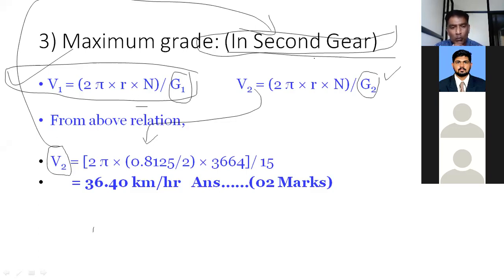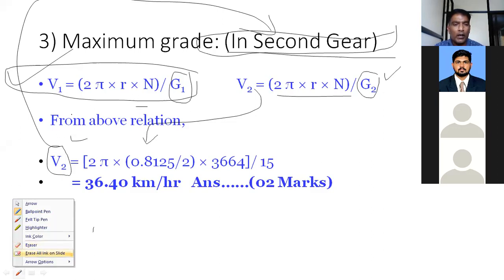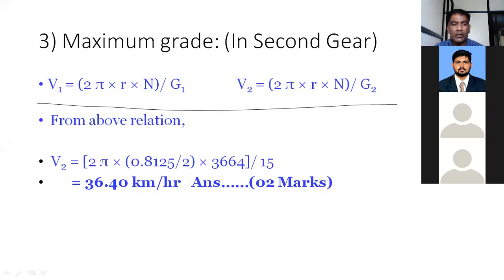So with V2, what grade can be achievable? For that we need to calculate V2, and which relation are we going to use? This relation. So you can write these two relations, first line, and from the above relation you can calculate this V2.